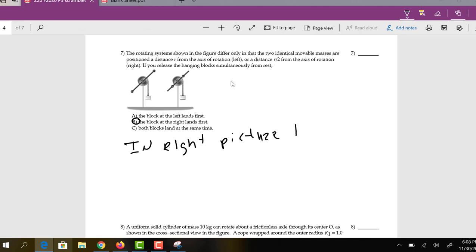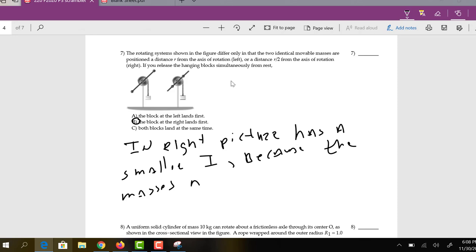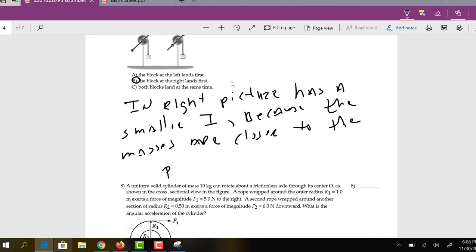The right picture has a smaller I, that's moment of inertia, because the masses are closer to the pivot point. So it's easier to rotate. Okay.